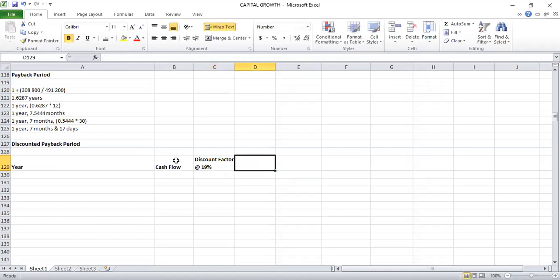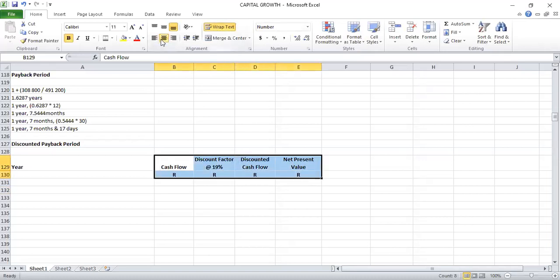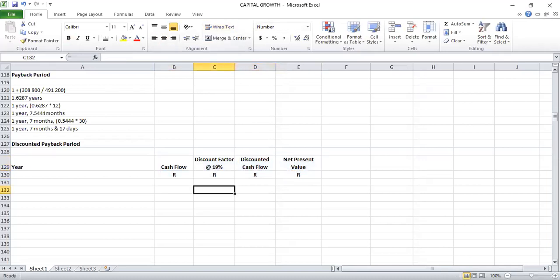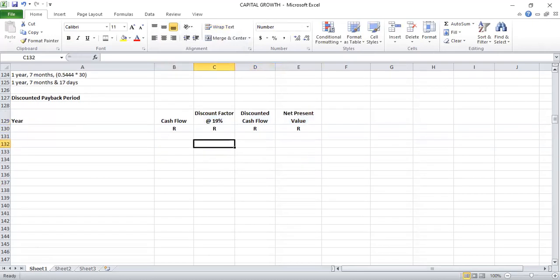Then we'll have our discounted cash flow. Then we'll have our net present value.